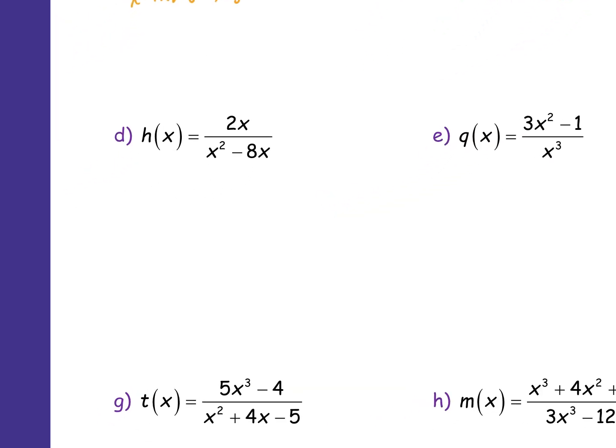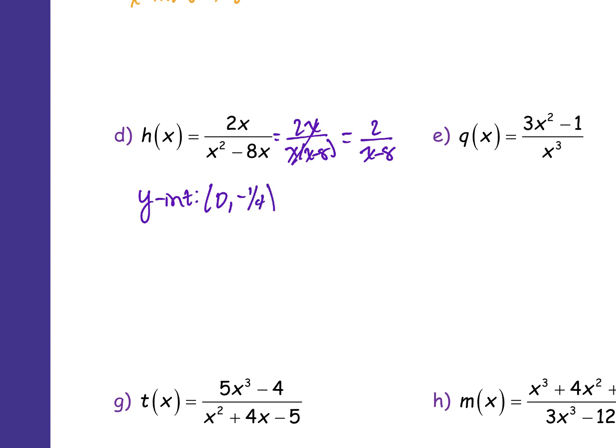Go to D. D, I got, oh, don't get mixed up with my other things. This factors to, right, I can go 2x, and I can pull an x out and get x minus 8, and those x's go away, and I get 2 over x minus 8. So my y-intercept is going to be 0 and -1/4. And my x-intercept is going to be none.